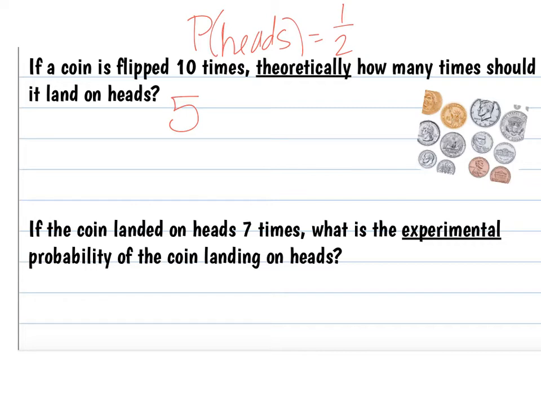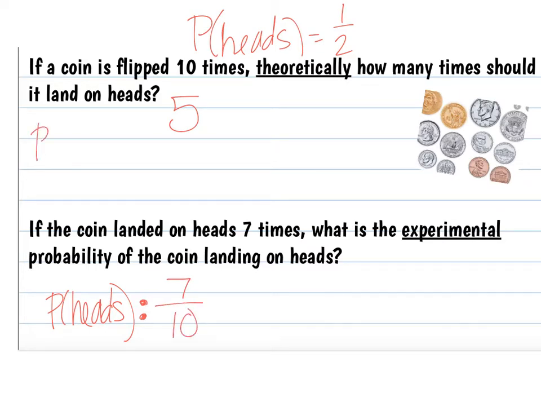If the coin landed on heads 7 times, what is the experimental probability of the coin landing on heads? So the probability of heads experimentally, I flipped it 10 times and I got heads 7 times, so the experimental probability then was 7/10.